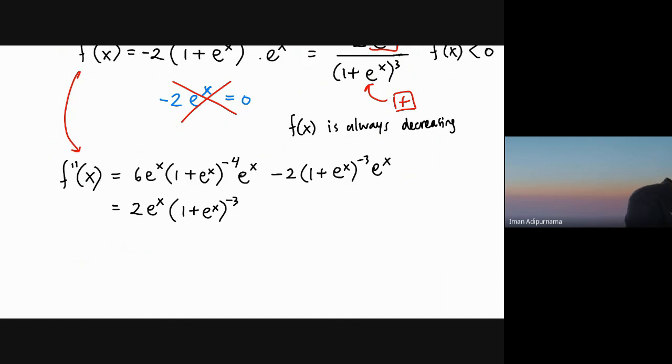Oh, maybe 4 because it's negative. It should be better. So 3 e to the x minus 1 plus e to the x. Right.